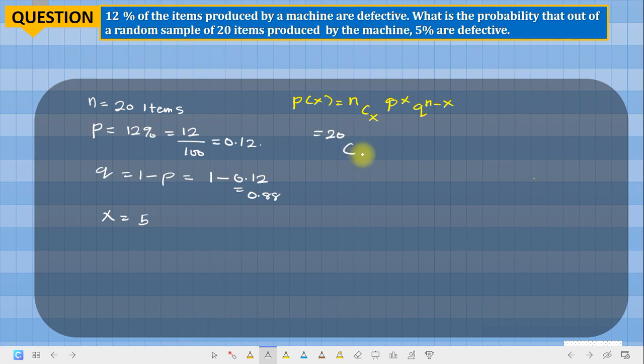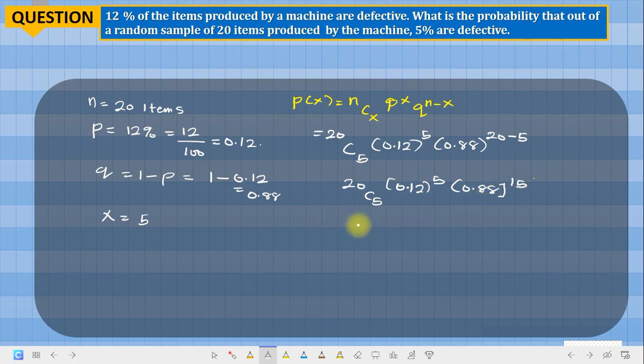So we have 20 combination 5, then P is 0.12 raised to the power of 5, then Q is 0.88 raised to the power of 20 minus 5, which is 15. And this will become 20 combination 5 bracket 0.12 raised to the power of 5 bracket 0.88 raised to the power of 15. And when you punch this in your calculator, what are you going to have?